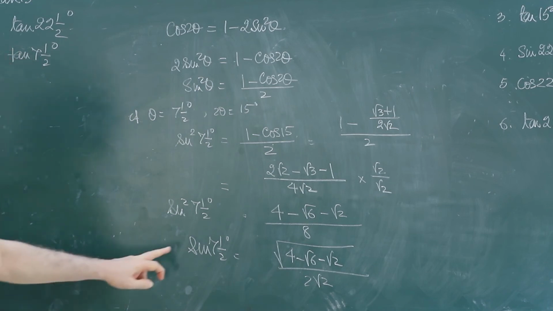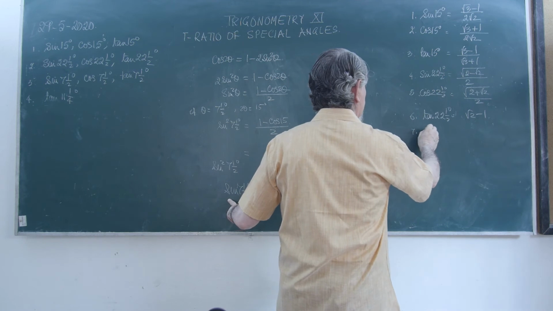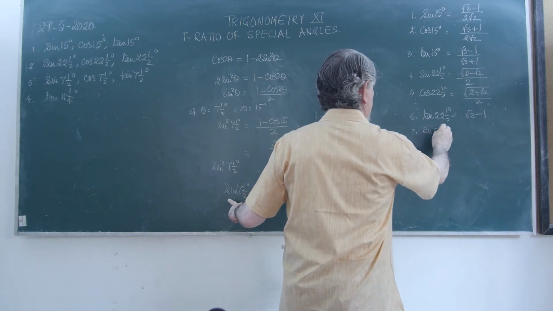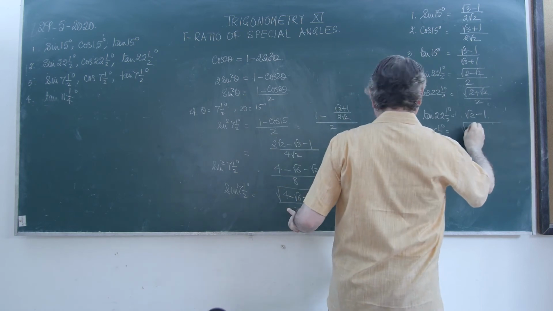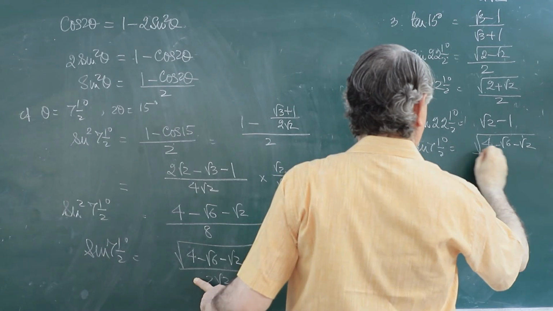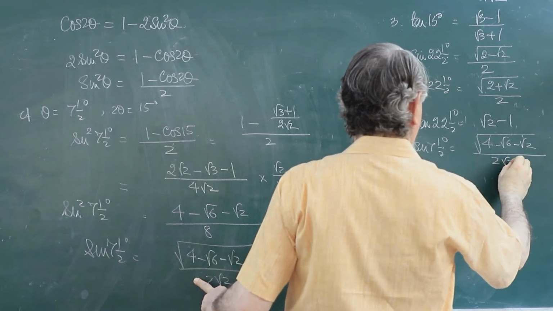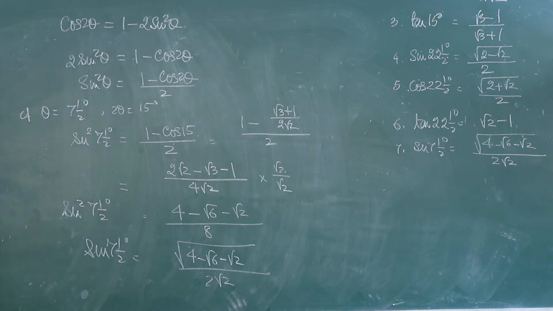So this is the value of sine 7.5 degree: under root 4 minus root 6 minus root 2 upon 2 root 2.